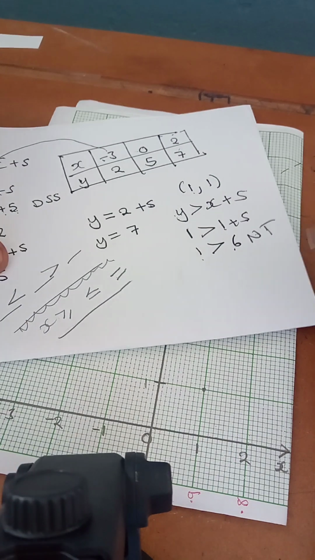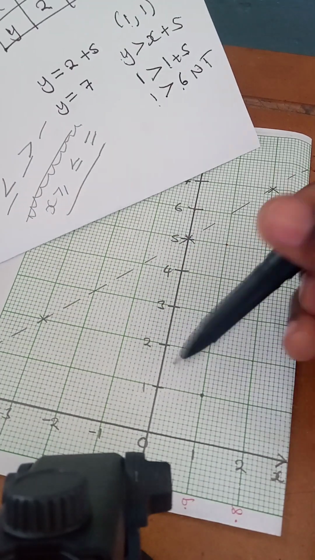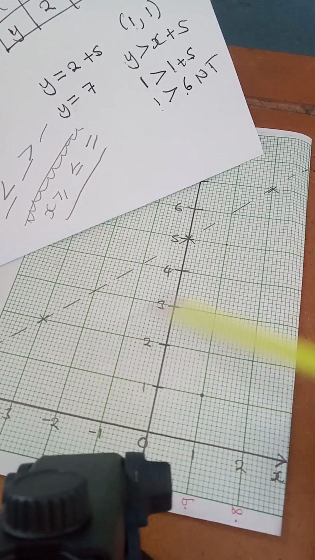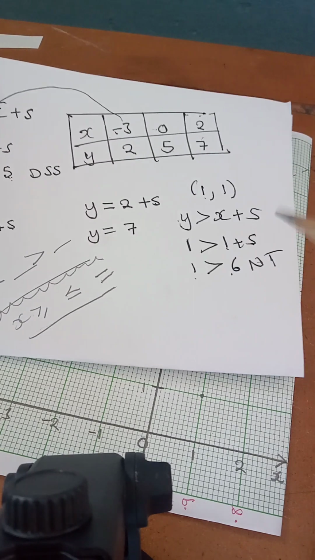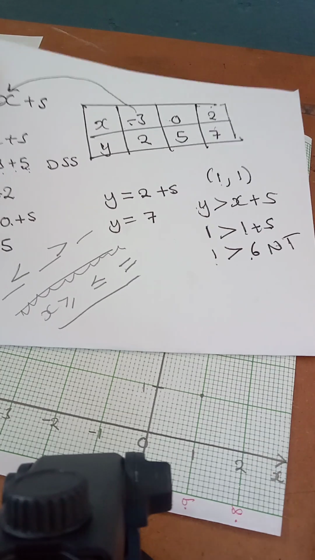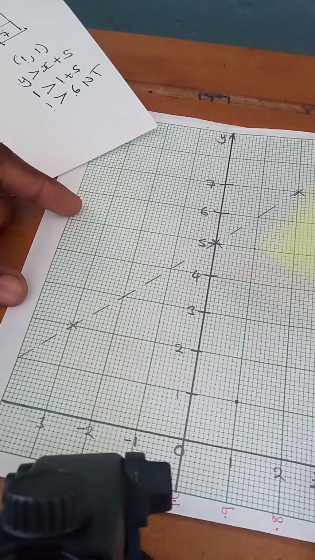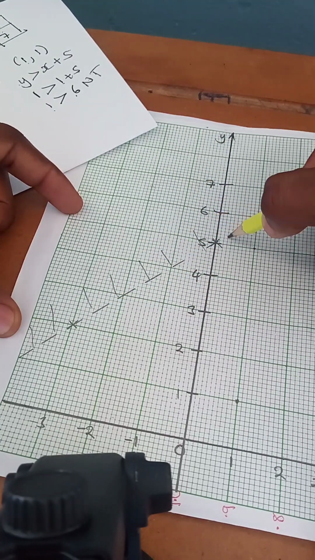So that means you can't shade this side, because it doesn't matter which point you pick. You can even try it yourself. Try to pick any other point this side, and you will get a statement which is not true. So when you have a case like this, you shade the other side like this.